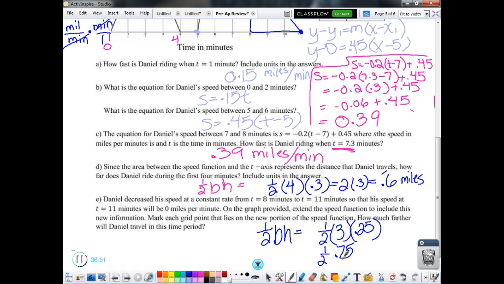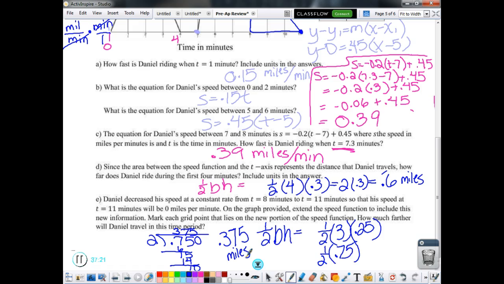So now I need to divide 0.75 by 2. 2 into 7 goes 3 times. That's 6. 1, bring down the 5. 2 into 15 goes 7 times, that's 14. 1, 0. Bring down the 0. So that's 5. So 0.375 miles. So that's how much further he travels.